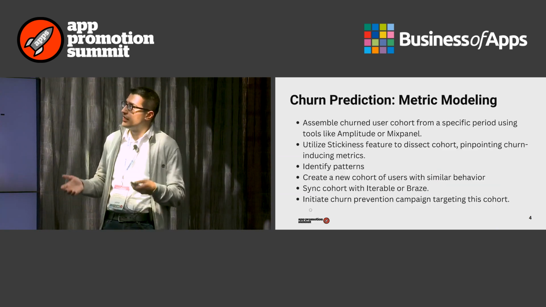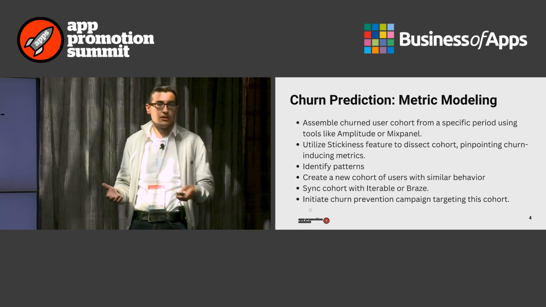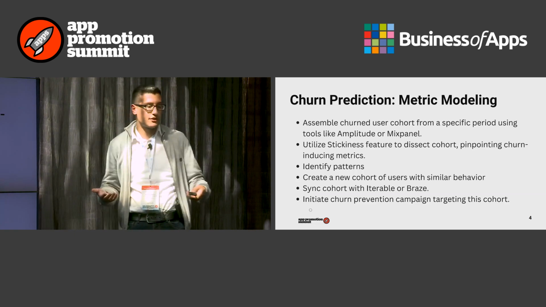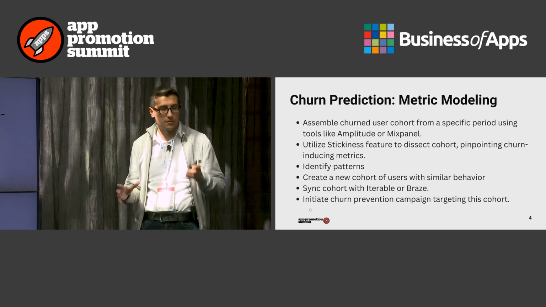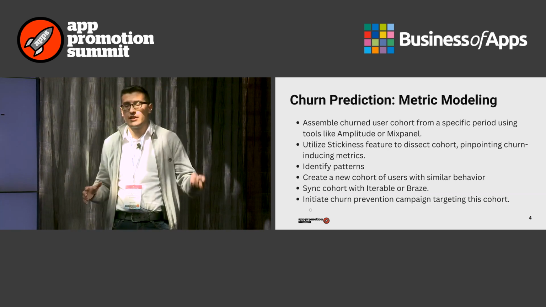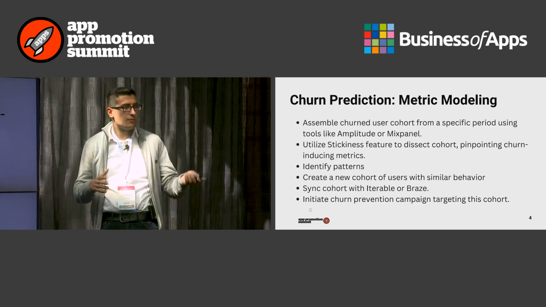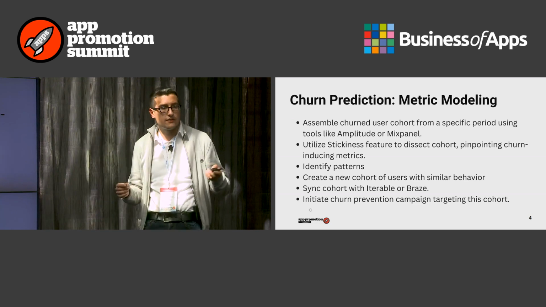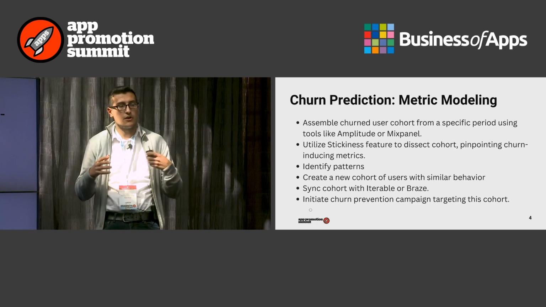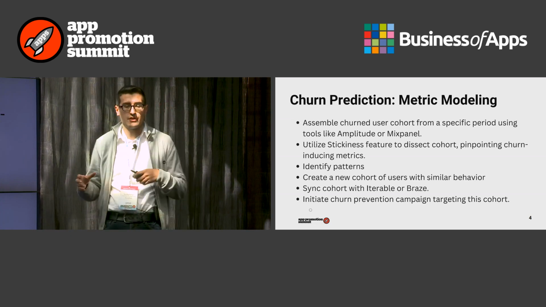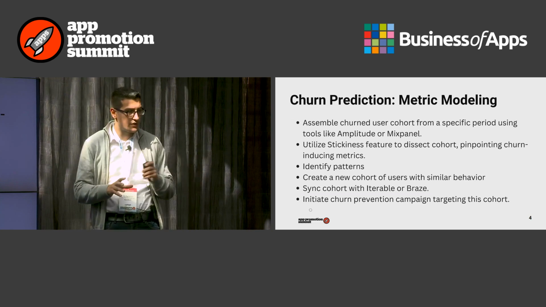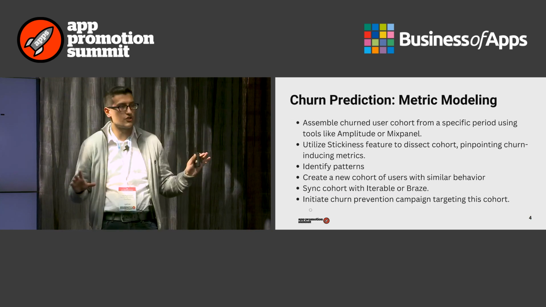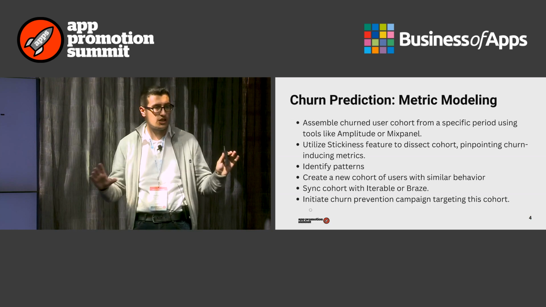The other strategy that you can use, and we do, is metric modeling. What's happening is you're taking the cohort of your churned subscribers. If you're using a product analytics tool like Amplitude or Mixpanel, they usually have a tool called Thickness. Through Thickness, you try to understand the common patterns of your churned users. This is not causality, we're just trying to find some correlation.